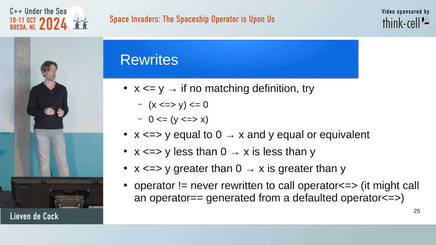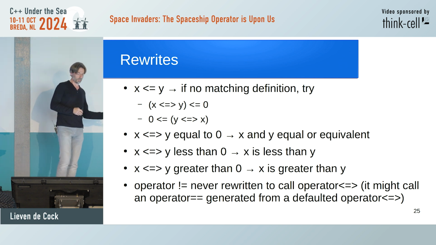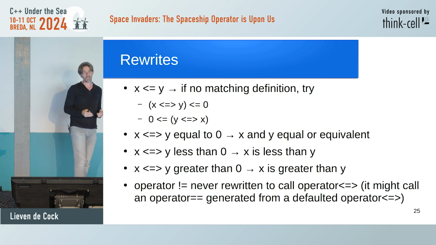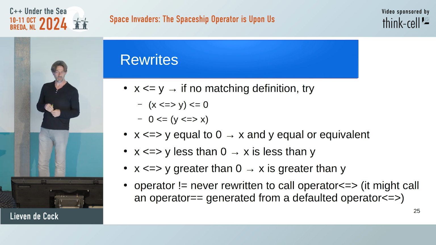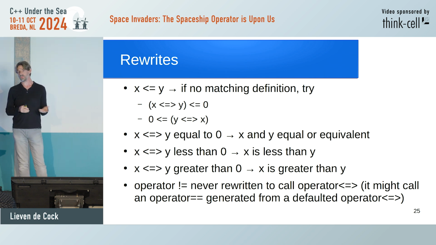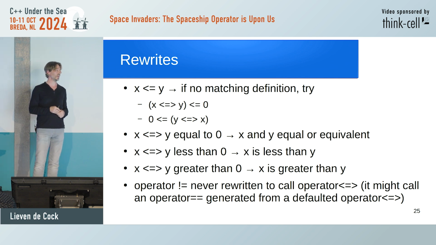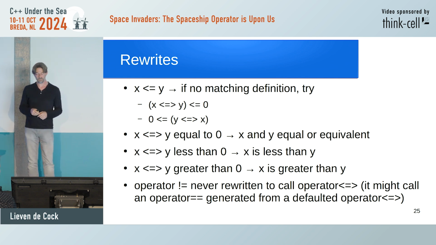Those are the rewrite rules the compiler is going to try. So x spaceship operator y equal to 0 means x and y are equal, and we will see later, or equivalent. Those are two different things. If x spaceship operator y is less than 0, it means x is less than y, and if it's greater than 0, it means x is greater than y.